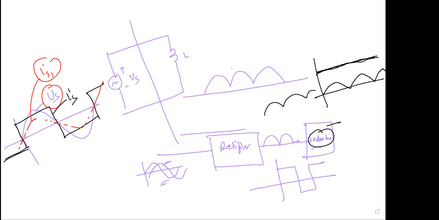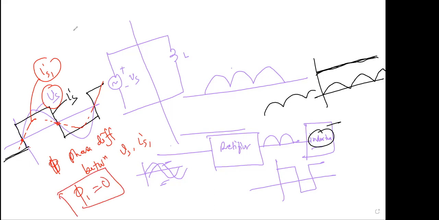Look here. Sir, can you repeat again? What is the phase difference between VS and IS1? Look at the figure. So 0, sir. Yes, this phase difference is known as phi 1 and this is 0. And cosine of phi 1 is known as displacement power factor.